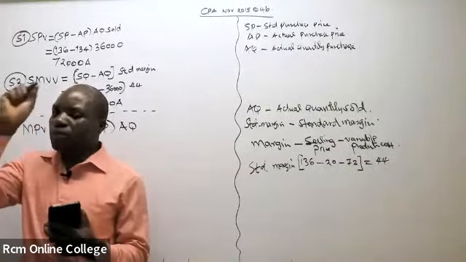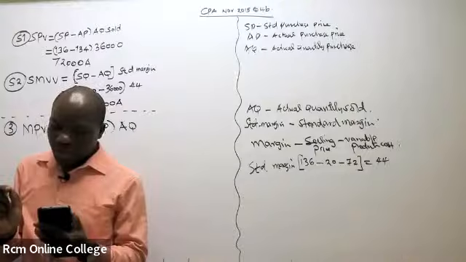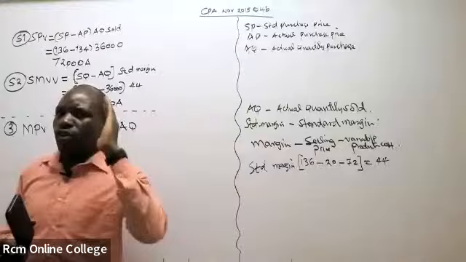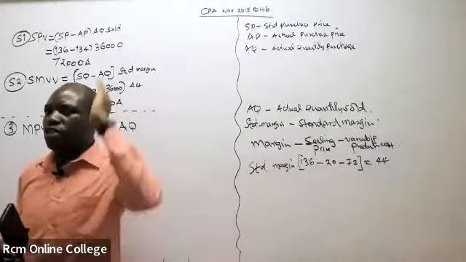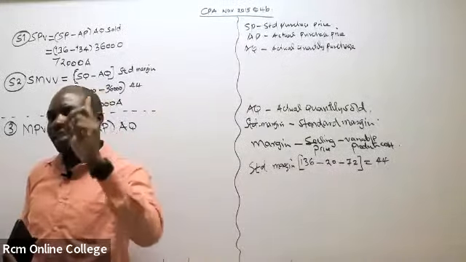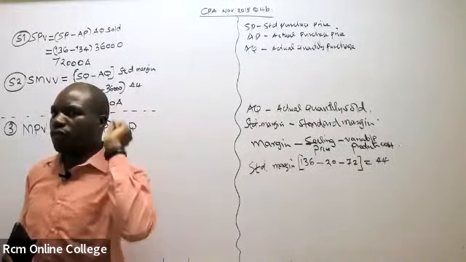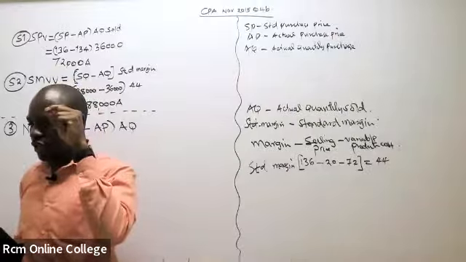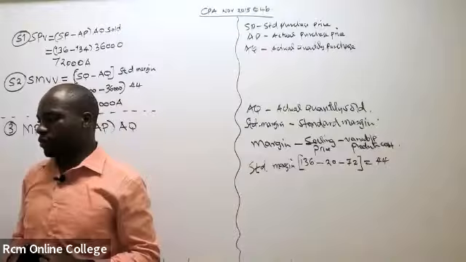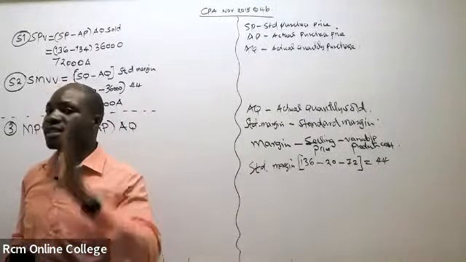But 1 kg of this raw material is supposed to be purchased at 10 shillings. So it means the cost of raw material to produce a unit of Q is 20 shillings. But the cost of purchasing 1 kg of the material is not 20 shillings. So how much is that? It is 10 shillings.